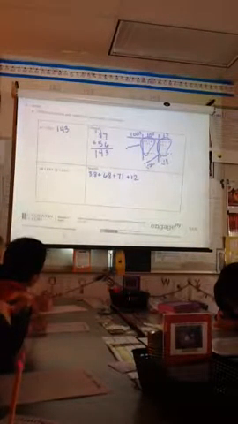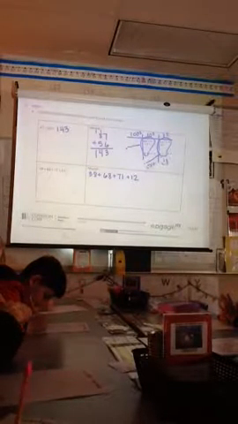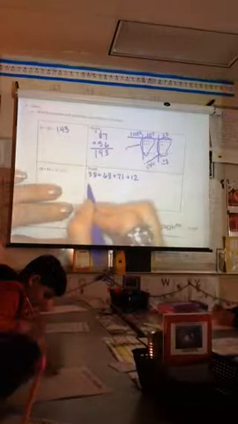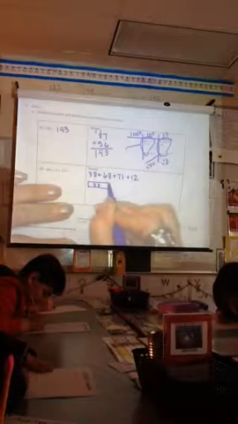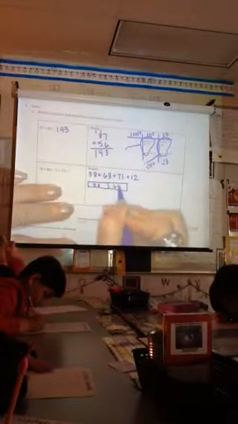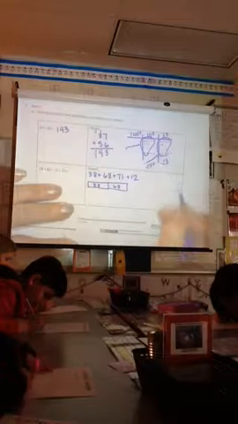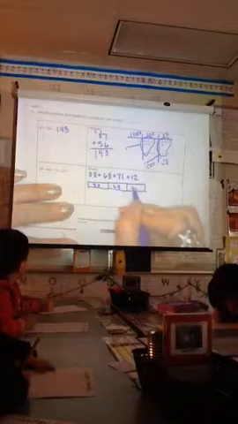Actually, I'm not going to do a mental tape diagram just in case some people are watching this and are like, okay, well, what's a tape diagram? So I'm going to actually do the model for the tape diagram. First, I'm going to add 38 plus 68. And then I'll add 71 plus 12. And then I'll put all of those together.